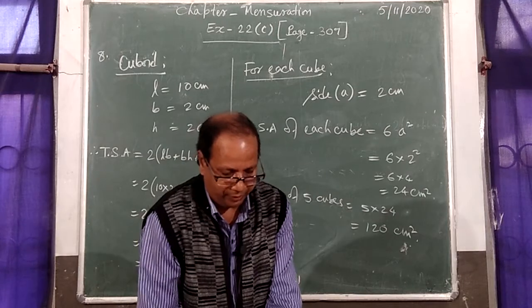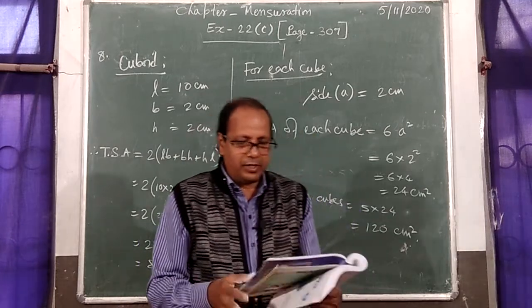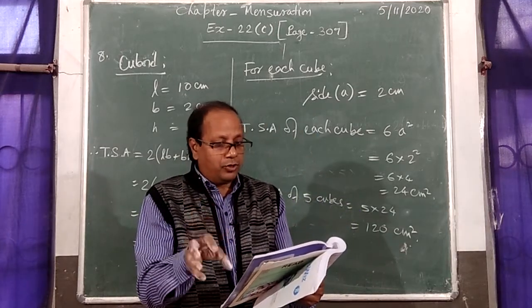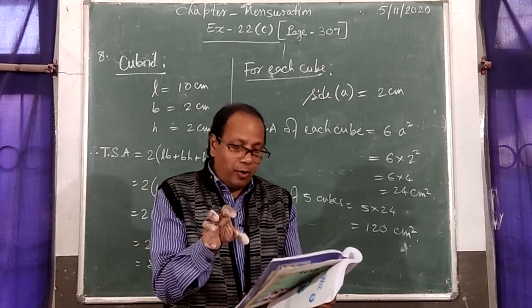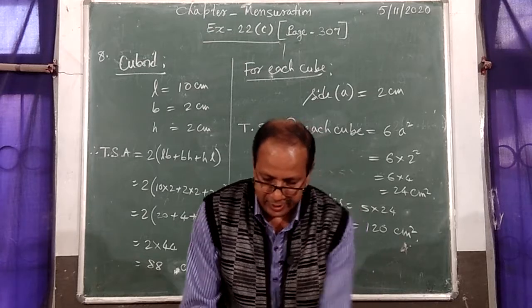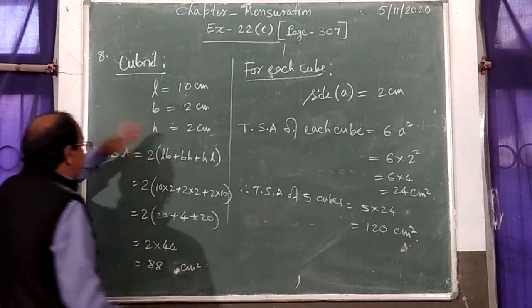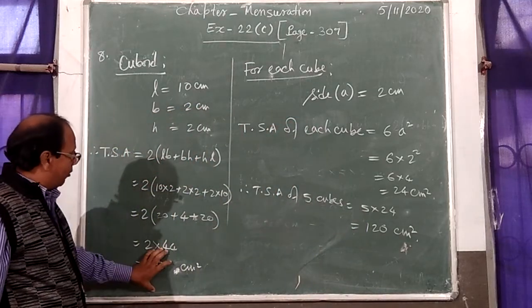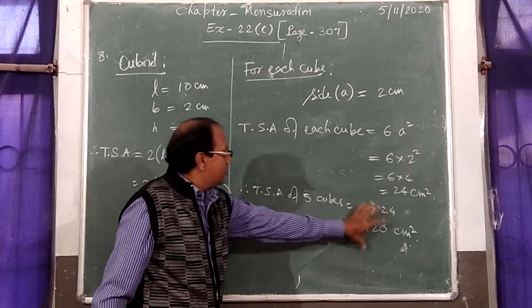Now have a look at the question. Here in the question it is mentioned, find the ratio of the total surface area of the cuboid to that of the cubes. We need to find out first the total surface area, which we have already got, and the total surface area of 5 cubes.